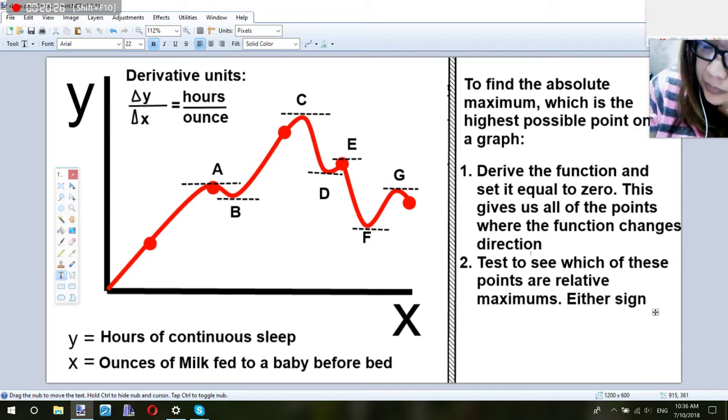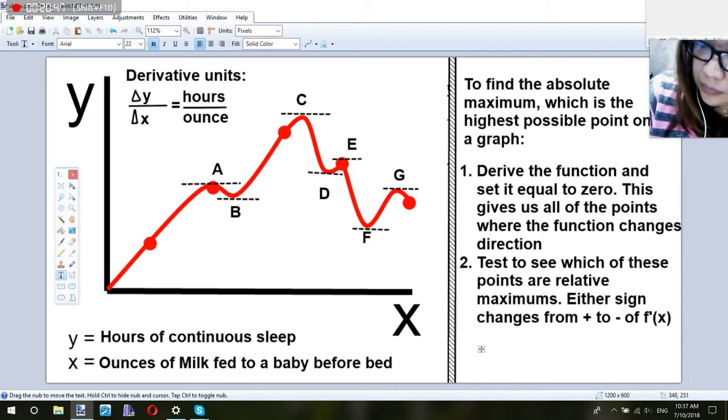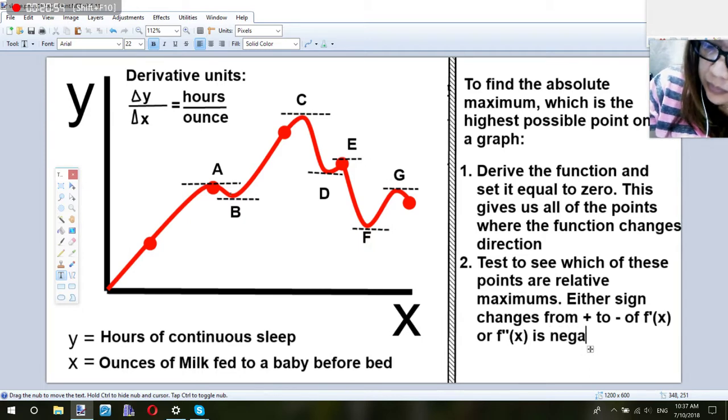Either sign change from positive to negative of f prime of x, so of the first derivative. If the first derivative changes from a positive slope to a negative slope, that is a relative maximum. Or the second derivative at that point is negative. Either of those will prove that this is a relative maximum.